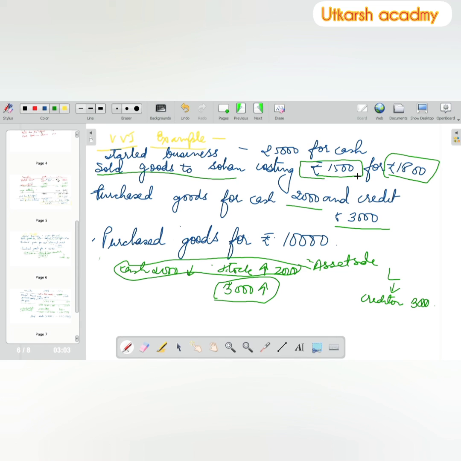Fine. So, the stock of 1,500 means 1,500 stock will reduce. Okay. And this 1,800, we are selling at 1,800, so debtor has to pay 1,800, and what we are earning is 300. So this 300 will be shown on the capital side.